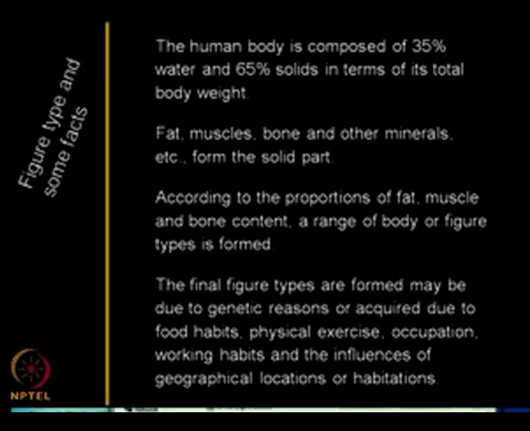The final figure types may be formed due to genetic reasons or acquired due to food habits, physical exercise, occupation, working habits and the influence of geographical locations or habitations.